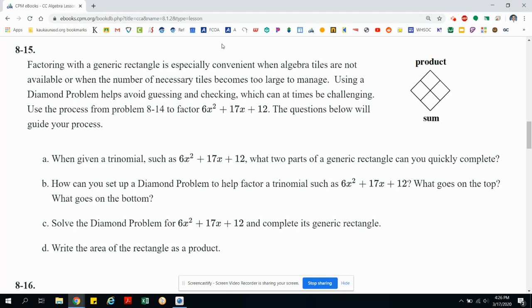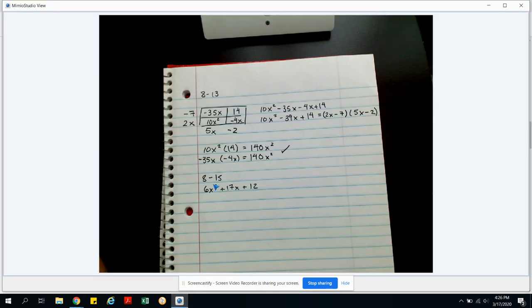So, when given a trinomial such as 6x squared plus 17x plus 12, what two parts of a generic rectangle can you quickly complete? So I'm working with 6x squared plus 17x plus 12. I'll flip back to the document camera. All right. So here is the trinomial I'm working with. This is the trinomial I want to factor.